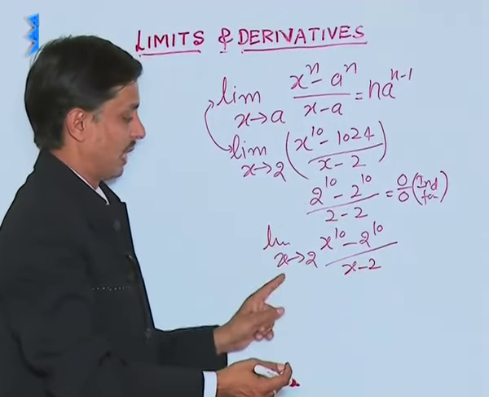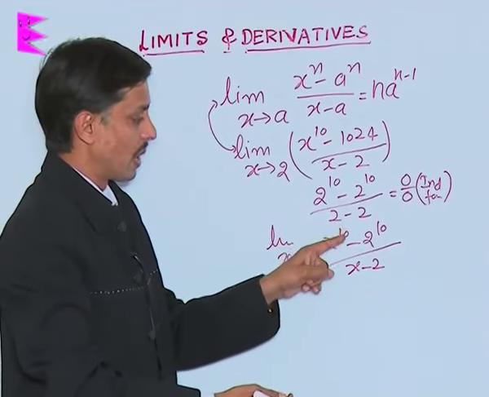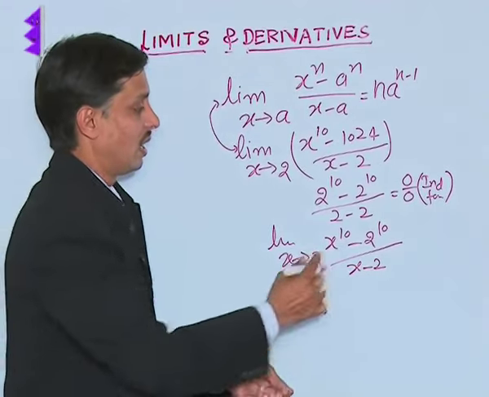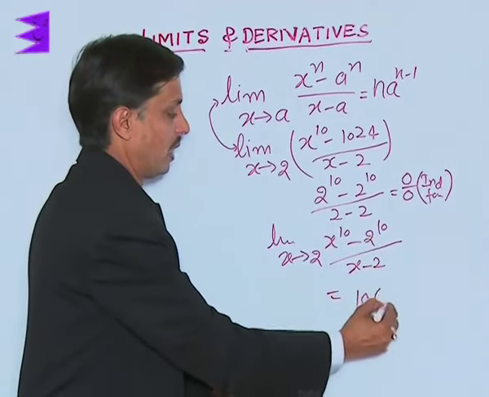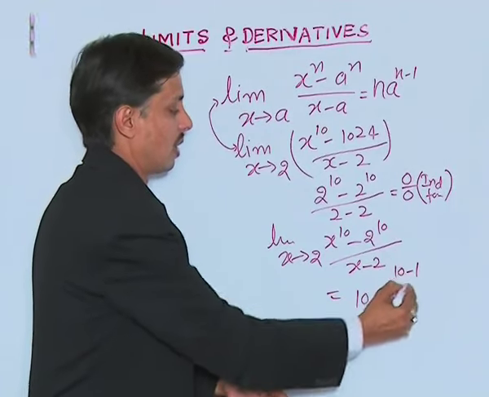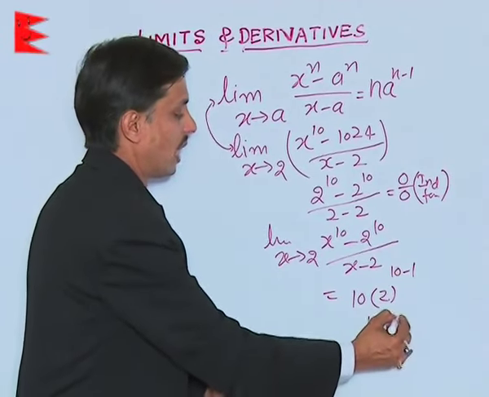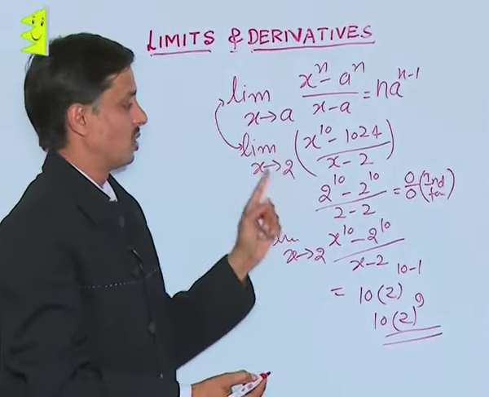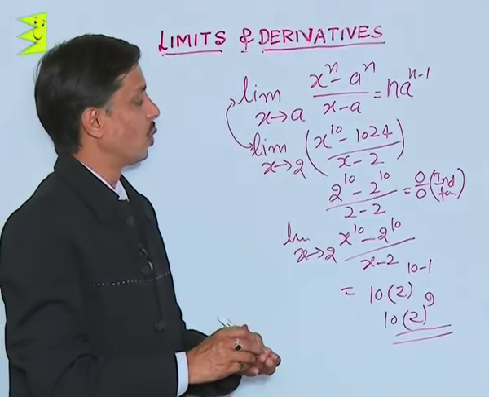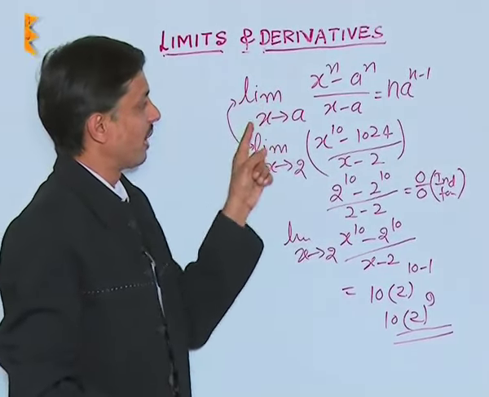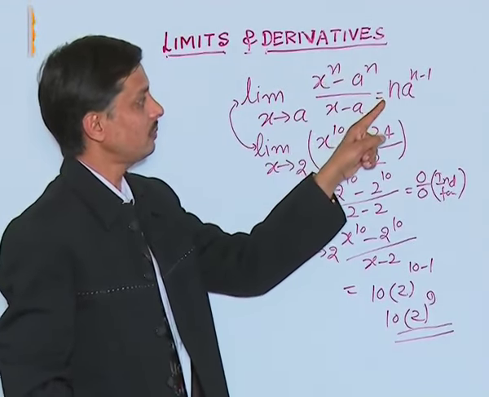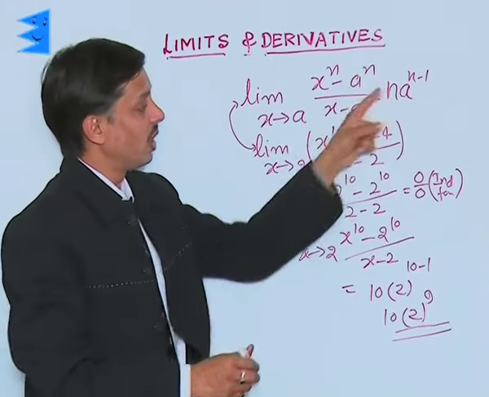So I can say limit x tending to a, (x to the power n minus a to the power n) upon (x minus a), is known as n a to the power n minus 1. This becomes 10, a means 2, power 10 minus 1. So 10 into 2 to the power 9 is the limiting value of this question at limit x tending to 2, using the formula limit x tending to a, (x to the power n minus a to the power n) upon (x minus a) is equal to n into a raised to the power n minus 1.